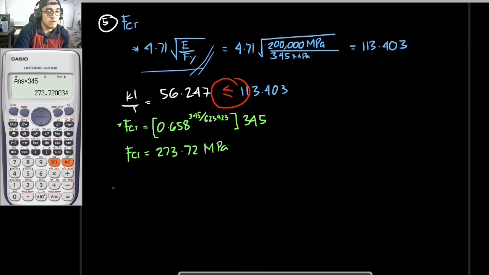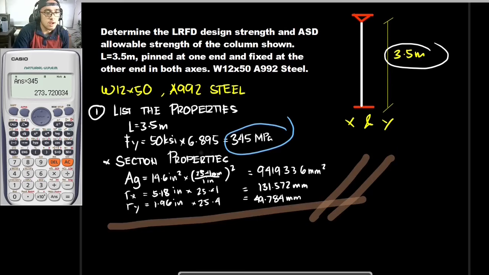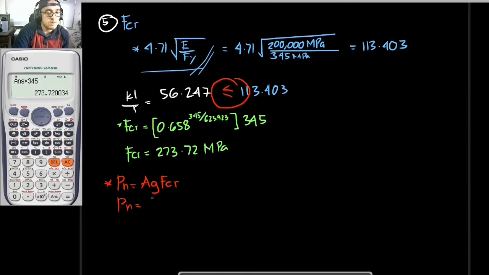From that, we can actually solve for our PN already. Lagay na natin dito red. PN is equal to cross-sectional area times FCR. What would be our cross-sectional area? Nalista na natin kanina, which is 9419.336 millimeter squared, times FCR, which is 273.72 megapascals.